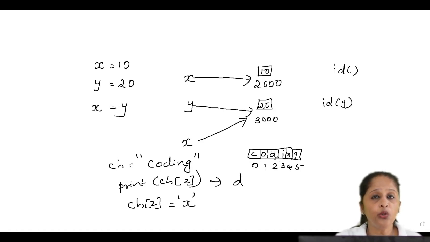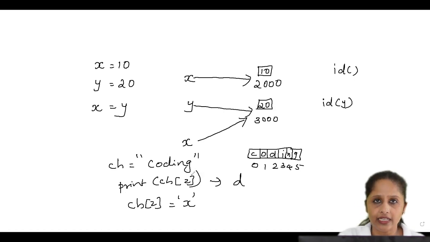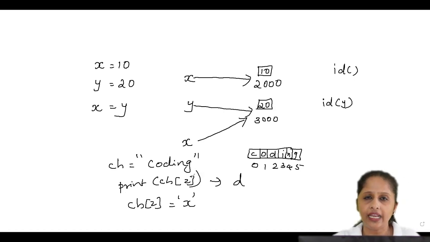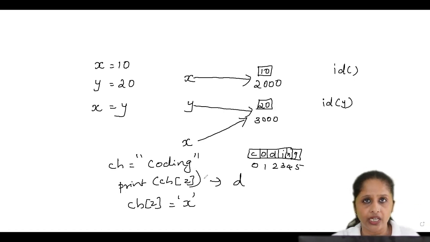It is an immutable data type. So the index position 2 has the value D that cannot be changed. That is the case with strings. The same happens with tuples also. That is an immutable data type: once the variable is created by assigning a value, it cannot be changed.